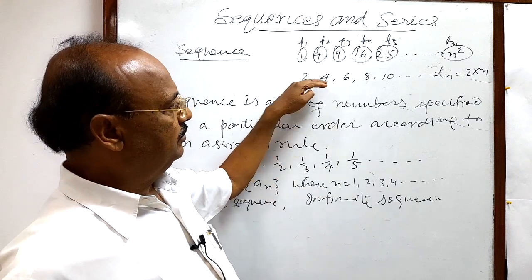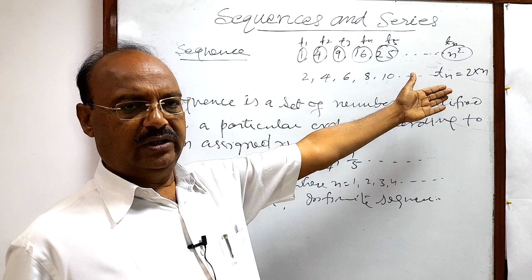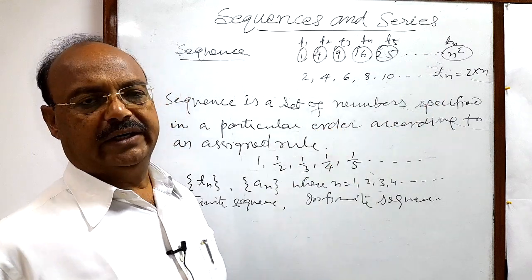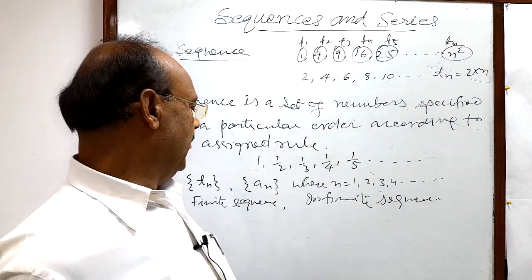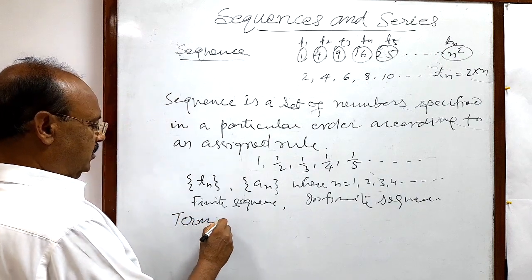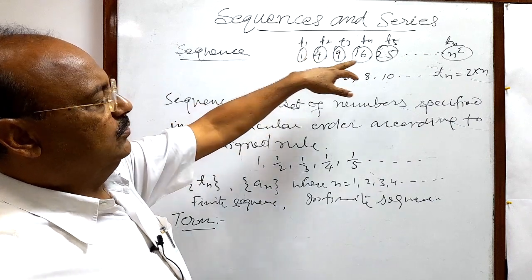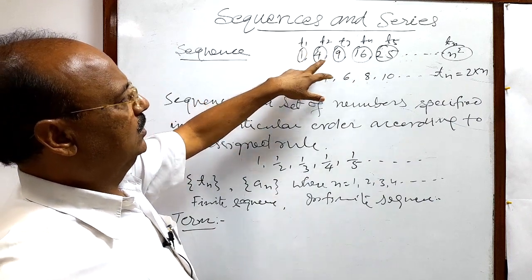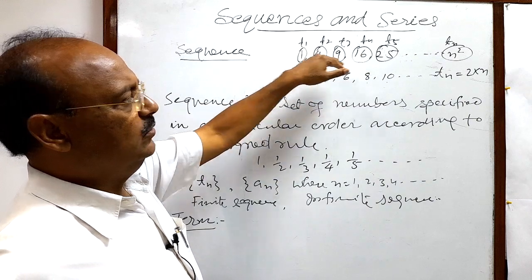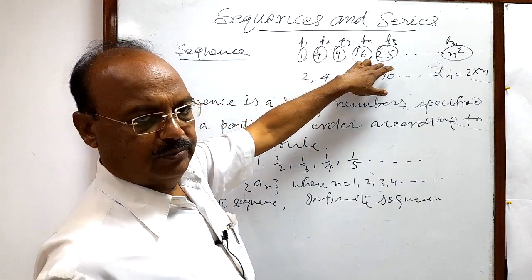And if the end number is not given, if you are not aware of the last number, then this is called an infinite sequence. And what is a term of a sequence? The members of this sequence are known as terms. This is the first term, second term, third term, fourth term, fifth term, and so on.